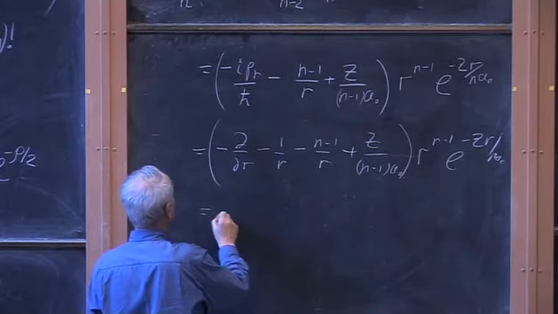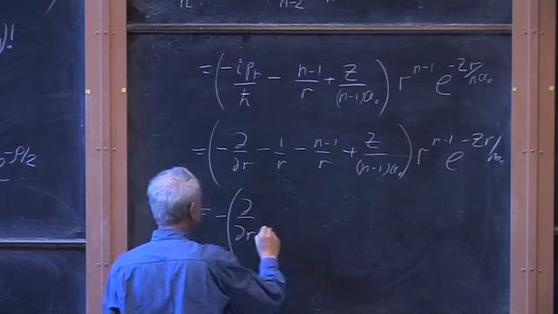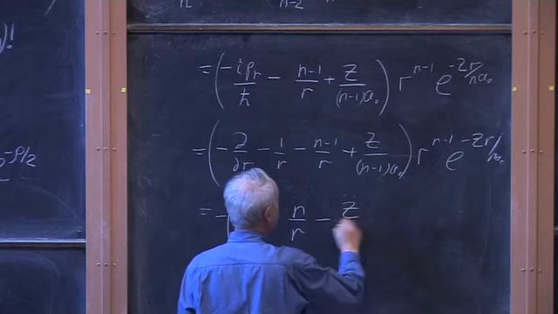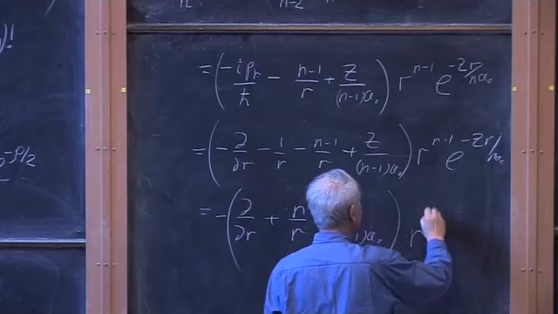So we could write this taking out an overall minus sign to make life a bit less negative. This is n over r minus Z over (n minus 1) a_0, times r^{n-1}.